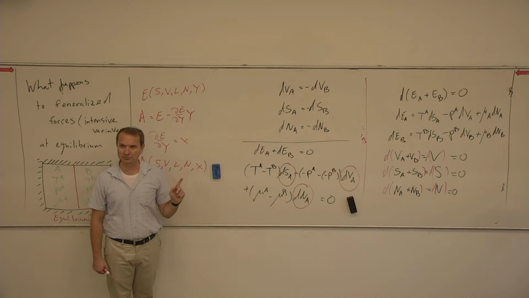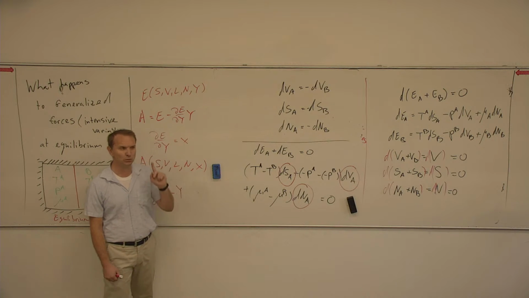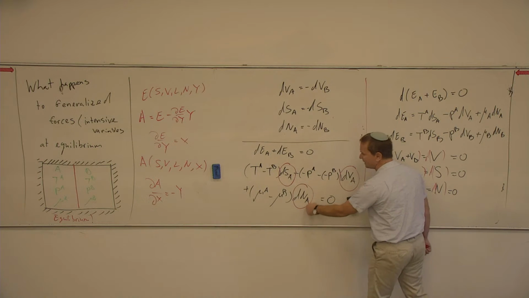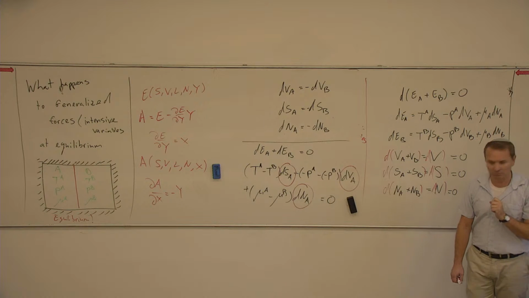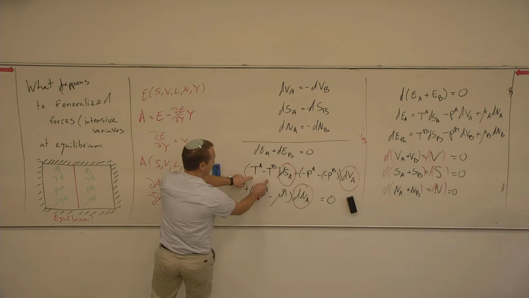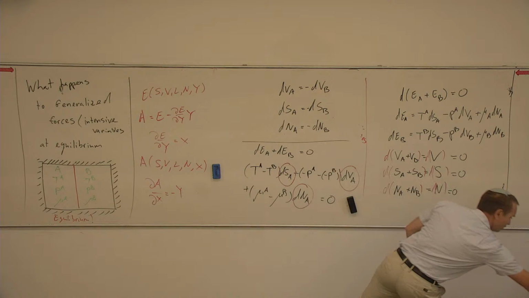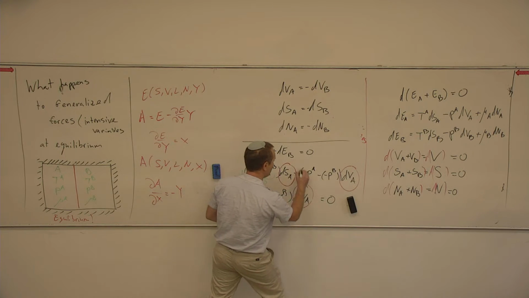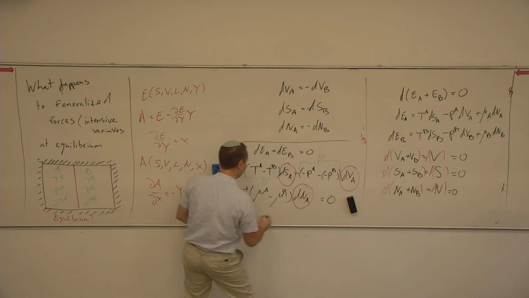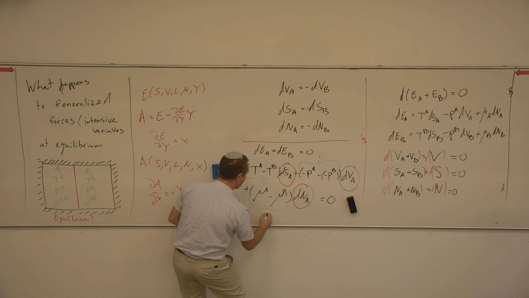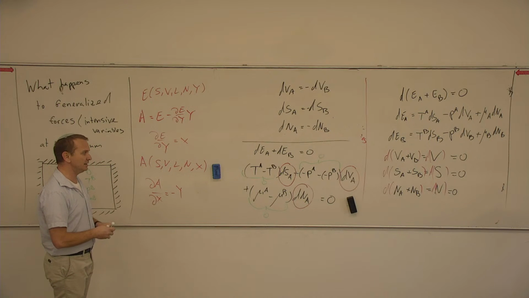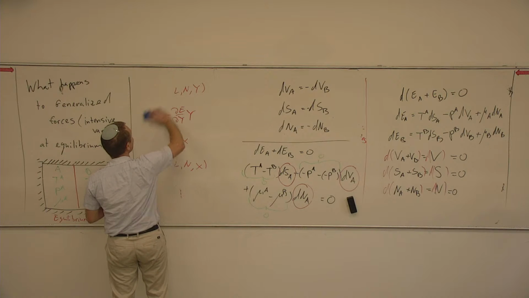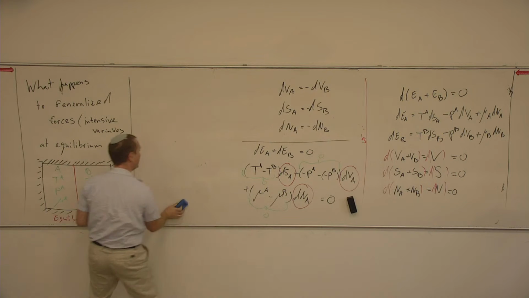So there is only one situation when this condition is happening no matter what dSA, dVA, and dNA are. It's when this is 0, this is 0, and this is 0. Because dSA, dVA, and dNA are completely independent. Therefore, we arrive.